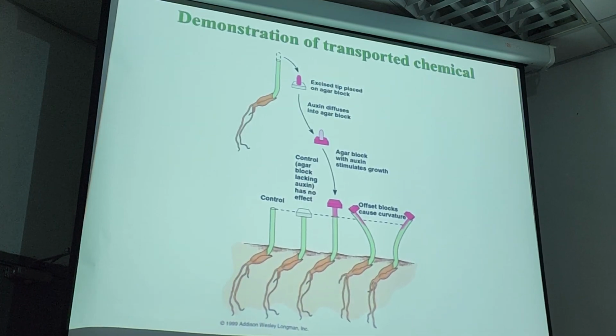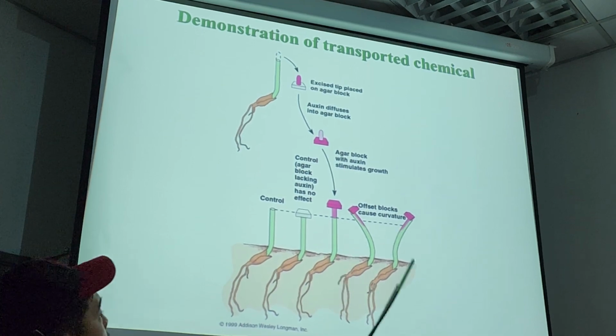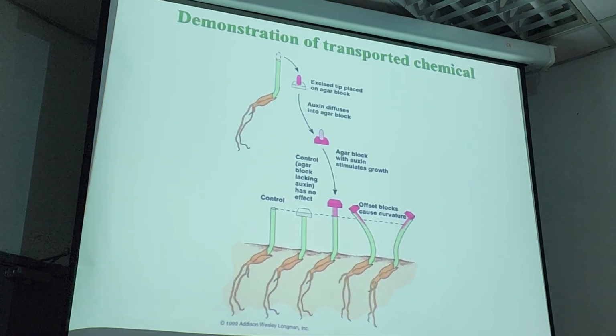Right. So of course, the experiment got further proven, and they cut it, they put it on either side now. No matter which side it's put, whether it's this side or this side, the curvature will be in the opposite direction.